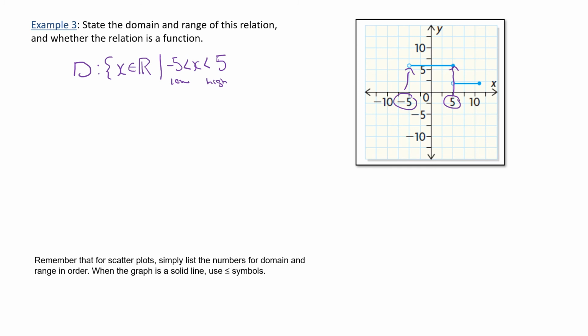But look at my inequality symbols there. I'm including this one, so I'm going to put the equal to sign there, showing it always is equal to 5, but this one's not included. So I'm just going to leave that as the less than symbol. I'm not going to make it less than or equal to, because it is not equal to -5. We're going around -5. So there's our domain.